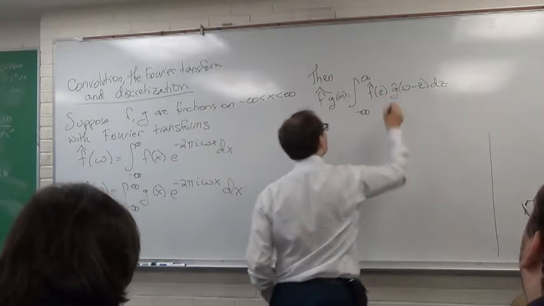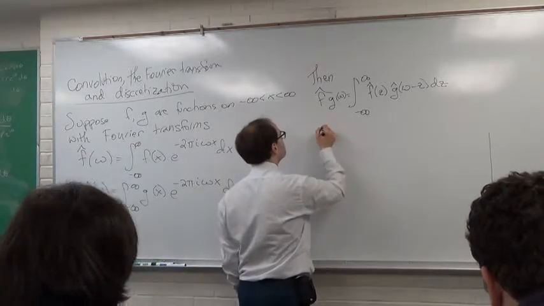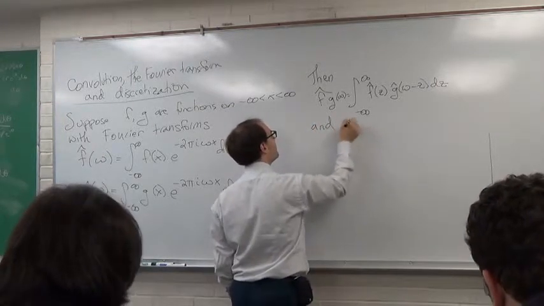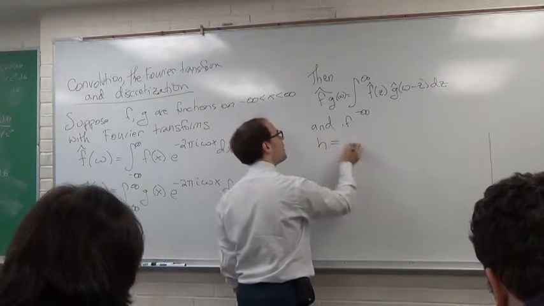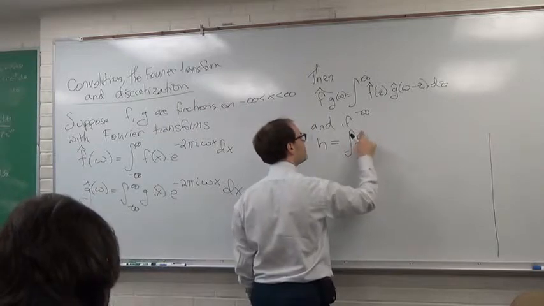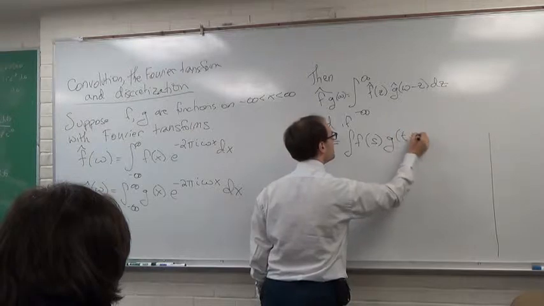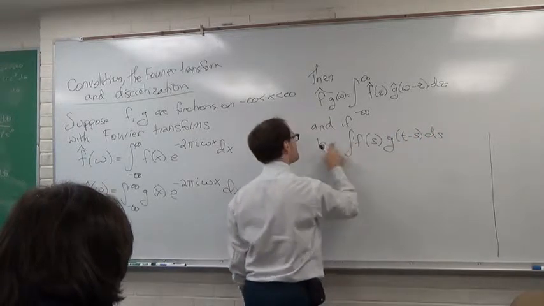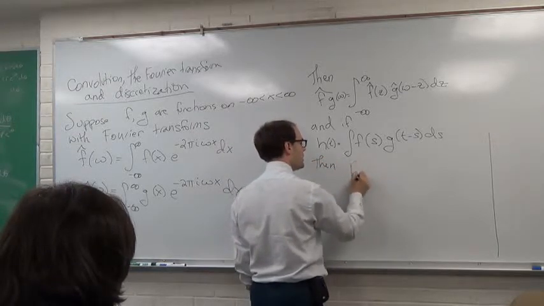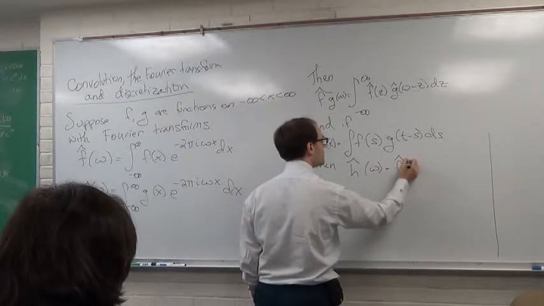That's supposed to be it. So that's one thing that's true, and then dually, the other thing that is true is that if I were to start with a convolution, if h is the convolution of f and g, the integral of f(s) g(t minus s) ds, so this is h of t, then h hat of omega is then just the product.